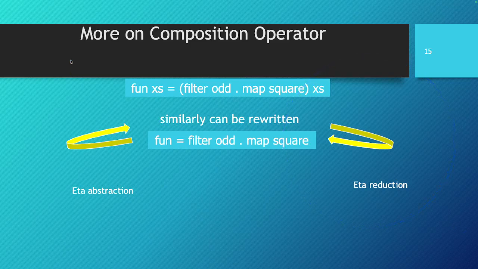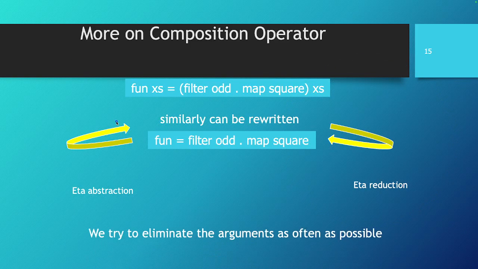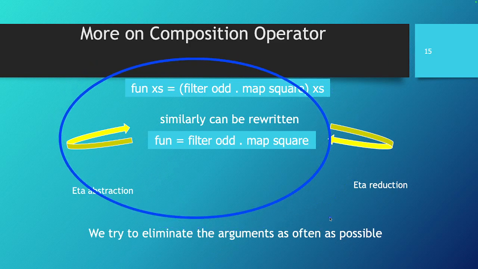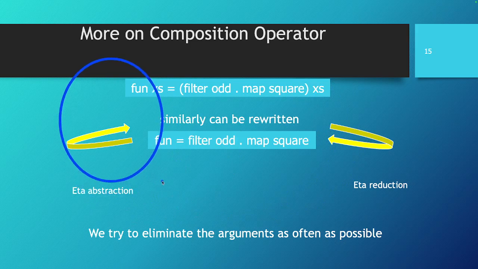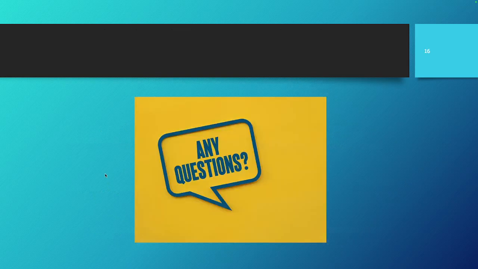In the other one, you're dropping the xs. You can see that there. So you're taking the dropped one and you're saying, well, if there's something here, there must be something here, so I'm just going to put xs on that. We're going to try and eliminate the arguments as much as possible, but just to know, you can go forward, you can go backwards.